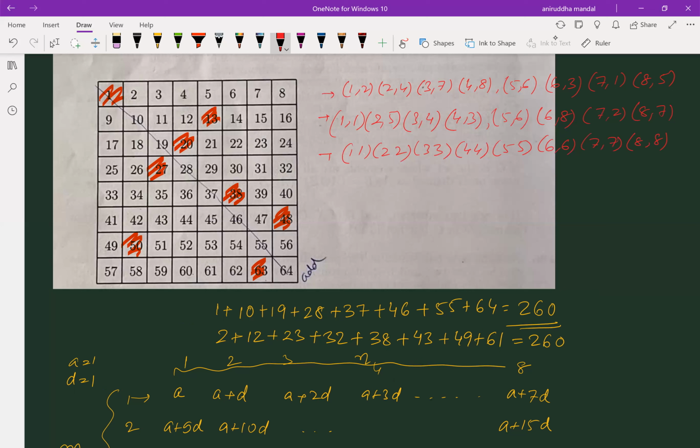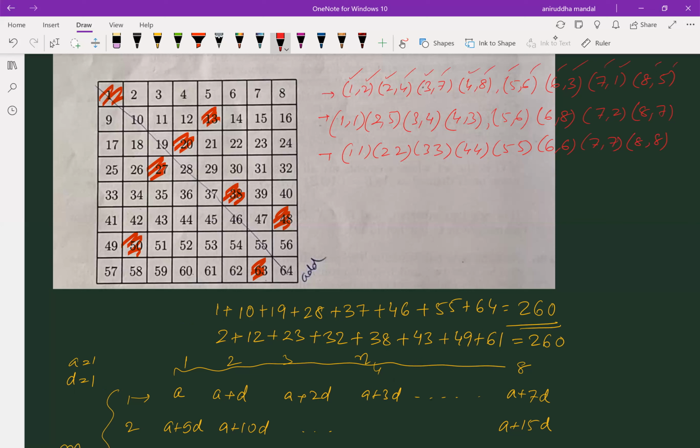So in each of the cases, you see each row and each column will appear once. You see this, if we see this 1, then 2, then 3 4 5 6 7 8. Okay, so all these rows appear once, and this is 1 2, then 3, then 4 5, sorry 5 6, then 7 and 8.